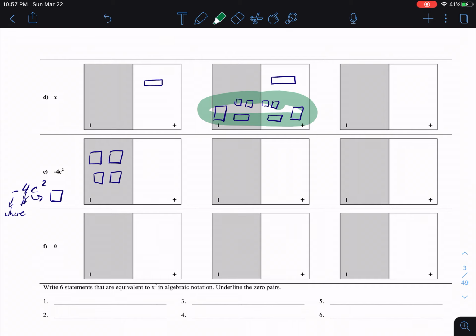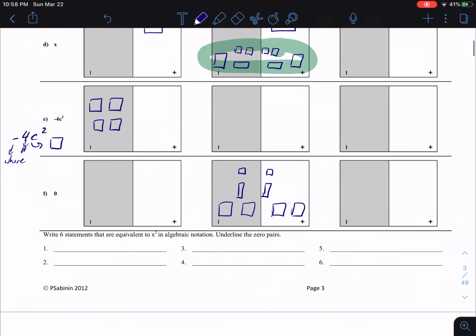And I'll let you do the rest of the alternative models for x and negative 4x squared. For 0, it's similar to that. As long as I'm drawing 0 pairs, it's all good. So then all of that is a 0 pair, so the value of the whole mat is 0.